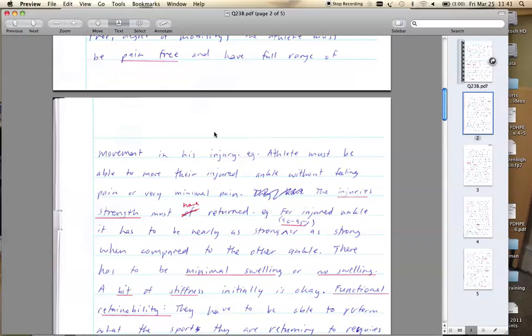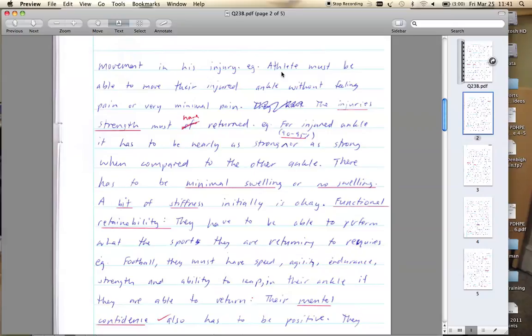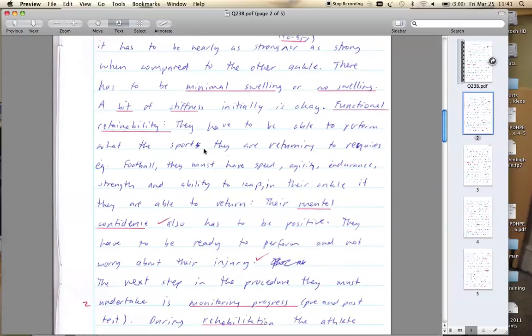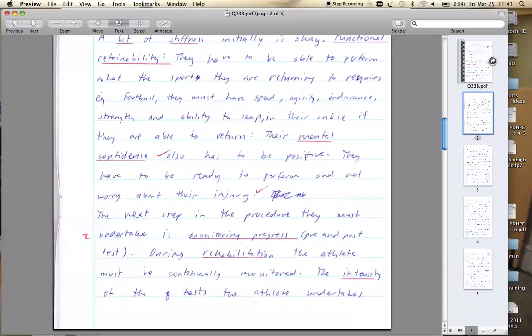Obviously the relationship is, if your movement is relatively pain-free, then that's a good indicator that you're ready to return to play. So he's done that, and you can see he's really gone into some detail for this part of the answer. There's good examples given, some more examples here. Football even talks about their mental confidence, which was a small part of that area that you got given notes on.